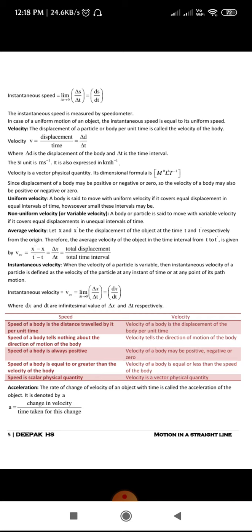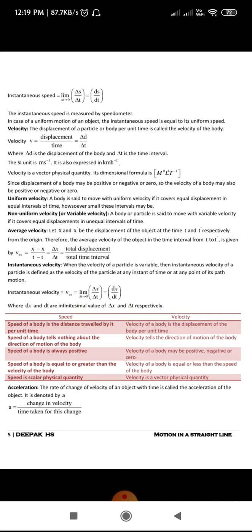Displacement is nothing but the shortest path, that is final minus initial position, whereas speed depends upon the total path length. So hence we say that speed can be equal or greater than velocity, but velocity is always equal or less than the speed. So that is the fourth difference.